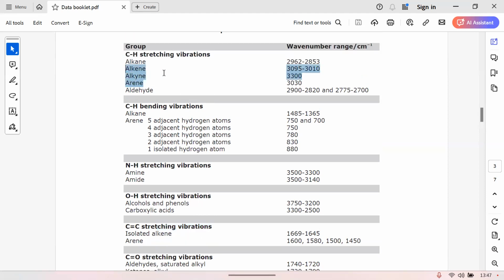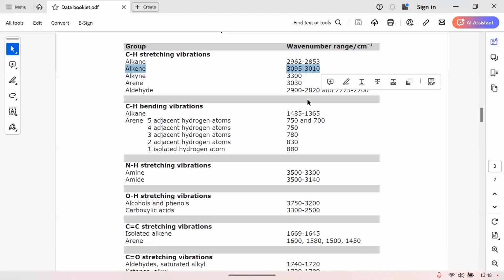That means you will be searching for a peak at this region. If there is a peak at this region, 3095 to 3010, it means your organic compound is an alkene.